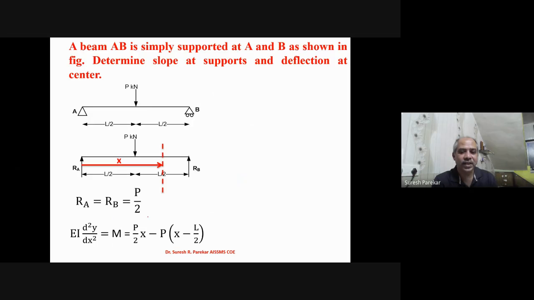Then we go with two compartments. The first compartment is between A and C. So A to C, I have P by 2 into X, and minus, due to this P, X minus L by 2. So this will be the equation.